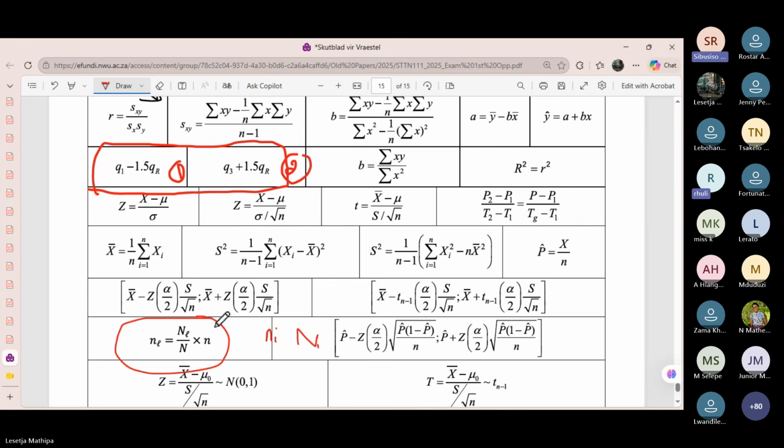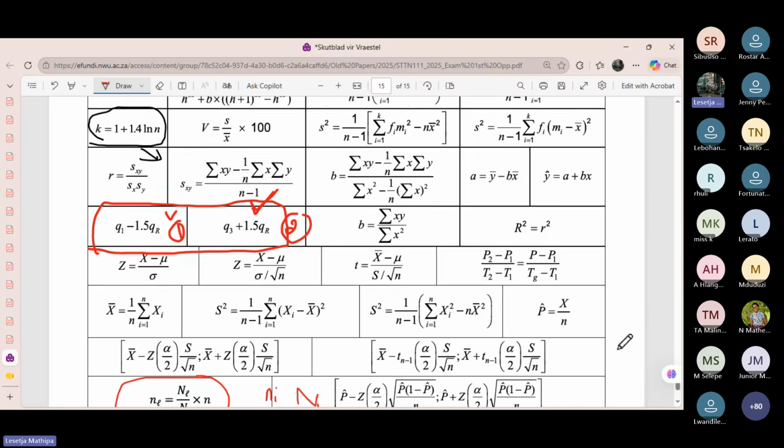With Tukey's rule, you are either dealing with the lower bound or the upper bound. The second one: Q3 plus 1.5 IQR. Great, correct. Then this one will be the one for the lower bound.